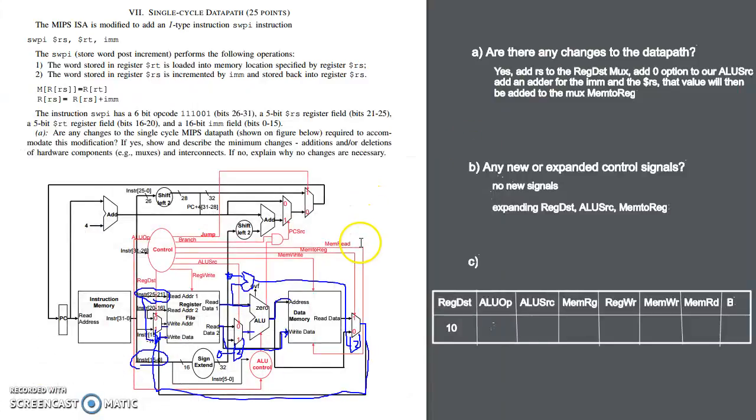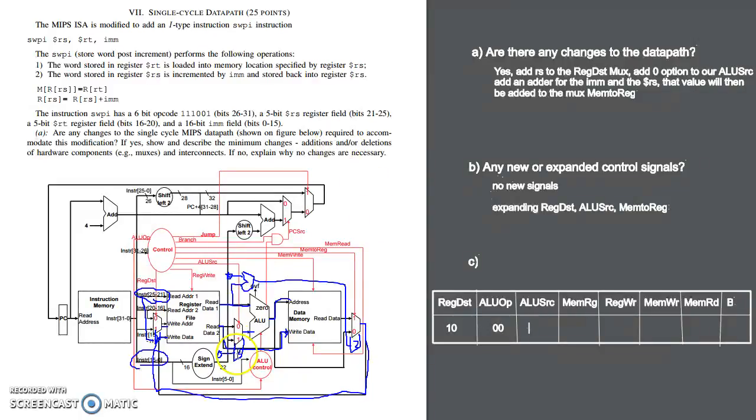And why do we know to use that? We know because it's an I-type instruction, it doesn't have a function code to define what ALU operation it uses. So it's just defaulted like a regular store word operation.